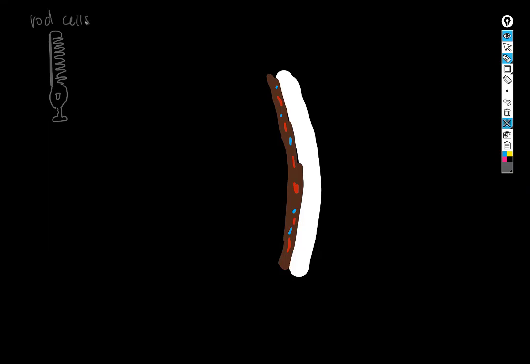So rod cells look like this. Actually, let's make that thinner. So they're a really weird shaped cell. They're almost shaped like a pocket comb. And these are the cells that detect light or dark. So they're for edge detection.